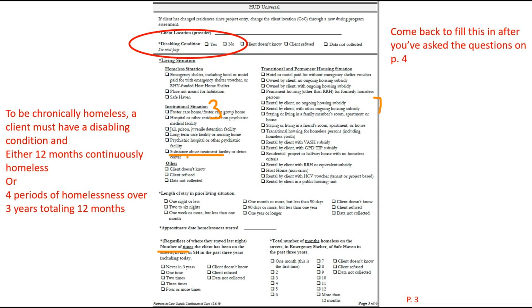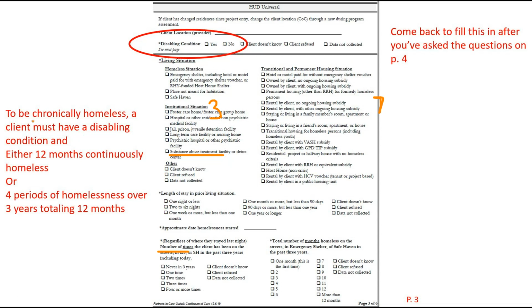If they were in that substance abuse treatment facility for less than 3 months, then they were never considered housed. And that's one long period of homelessness. Same thing over here, except it's now 7 days. If you have questions on that, please definitely reach out because it's a really important concept.